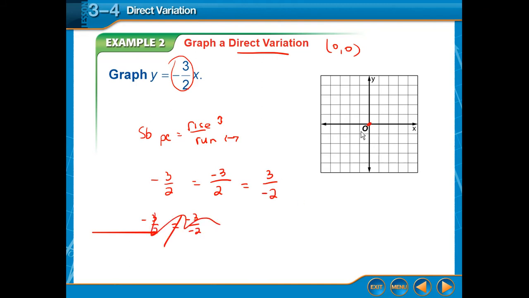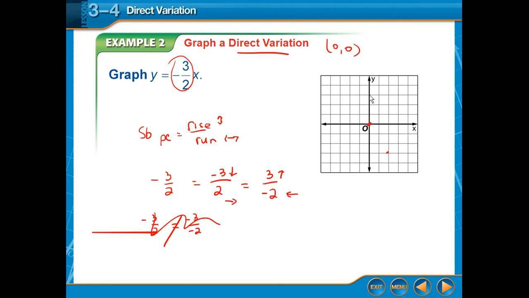Okay, so from here, if I'm using this one, that means it's going to go down because it's negative, and then forward because it's positive. So I can go down 3 and forward 2 points, and that brings me right there. Or if I wanted to do this one, because it's +3, it can go up 3 and go backwards 2 because it's negative on the bottom.